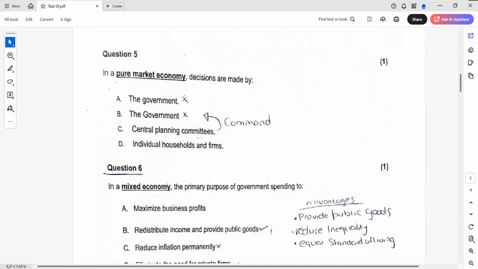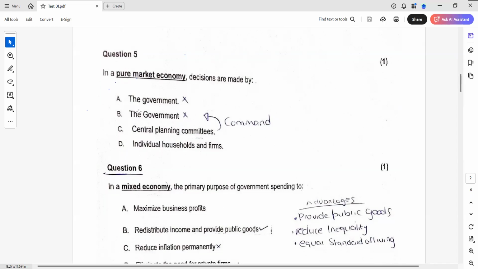So in a pure market economy, or you can also call it the free market economy, the people that make decisions are basically the individuals and firms, because in a pure market economy or a free market economy, that is where we say that all resources are privately owned by individuals and firms.